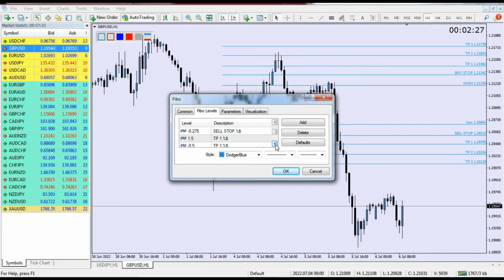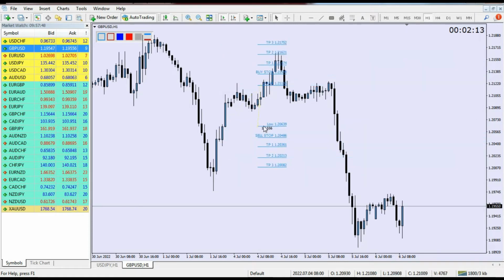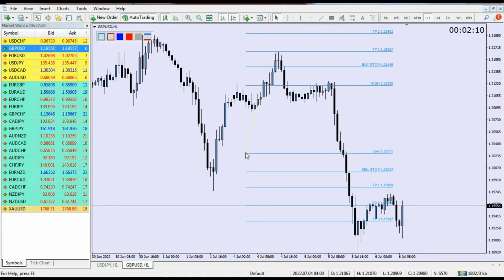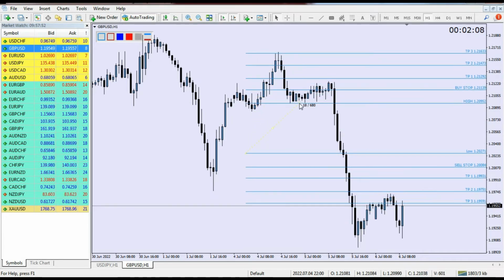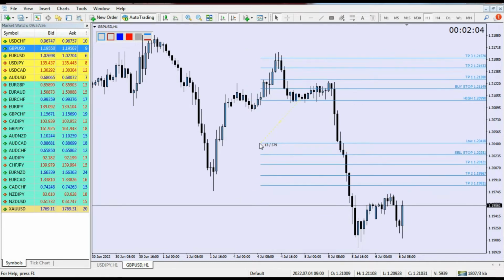I hope you can print screen this Fibonacci and copy it. Okay, let's go, guys. I don't want to make this video boring, because the strategy is powerful and profitable. I will start teaching you this strategy, the Fibonacci breakout retracement.